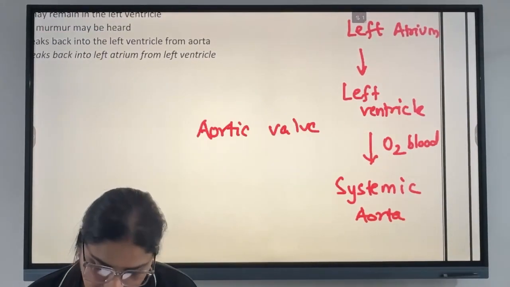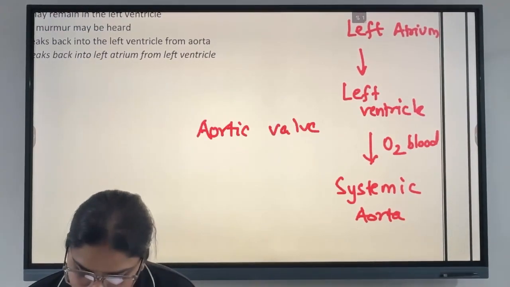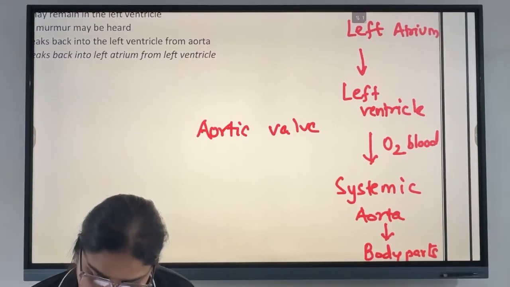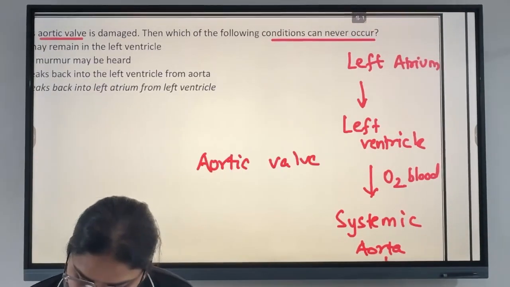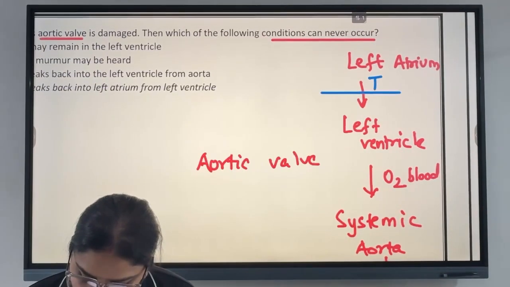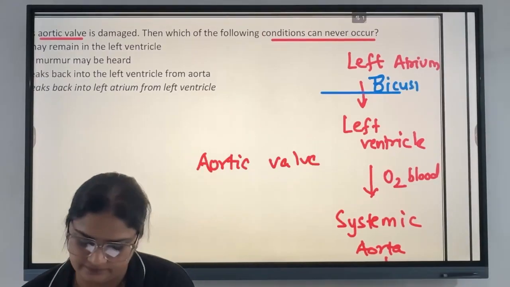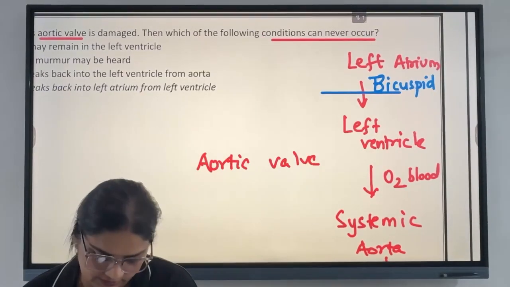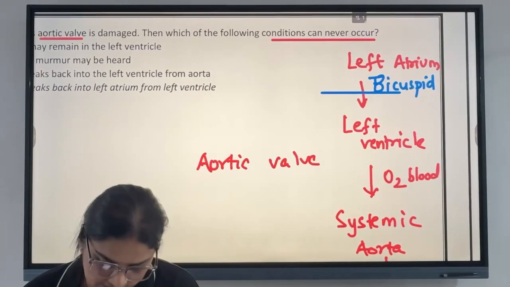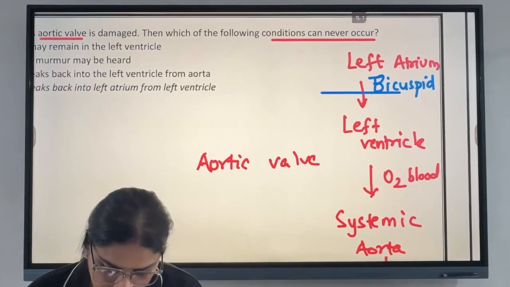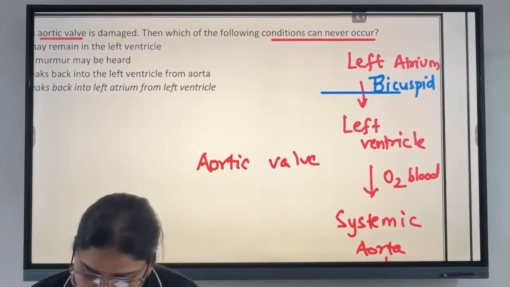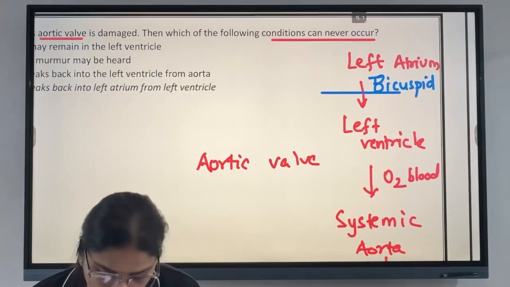Between the left atrium and left ventricle, there is a valve called the bicuspid valve or mitral valve. So let's see the options. I'll read the question one more time. If a person's aortic valve is damaged, which of the following conditions can never occur?